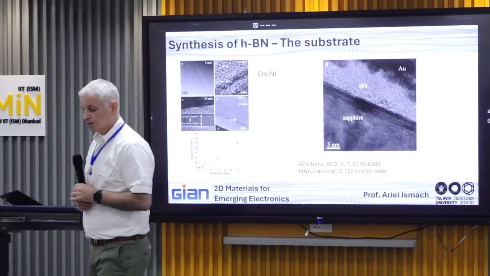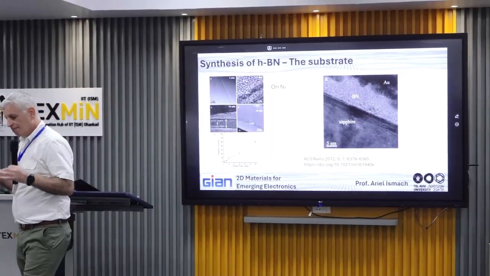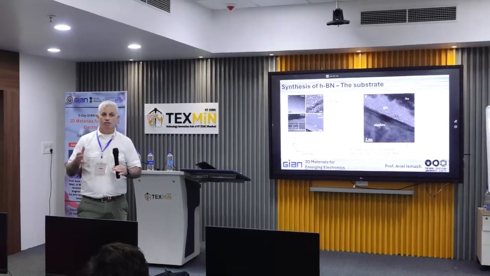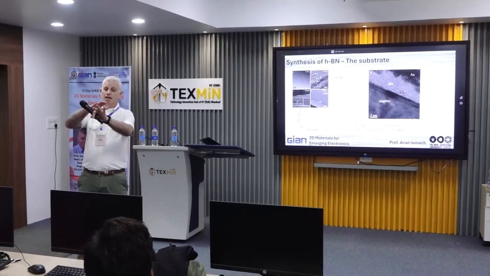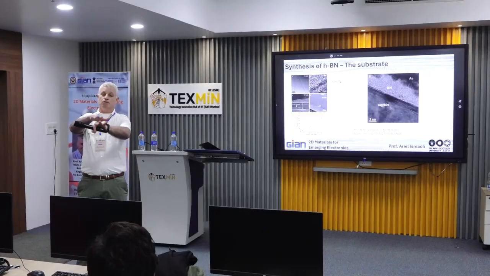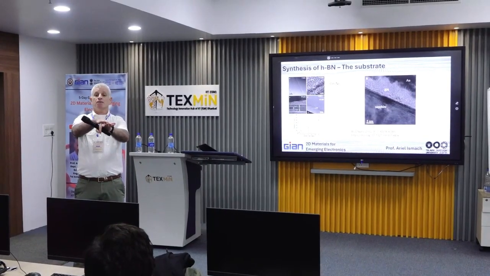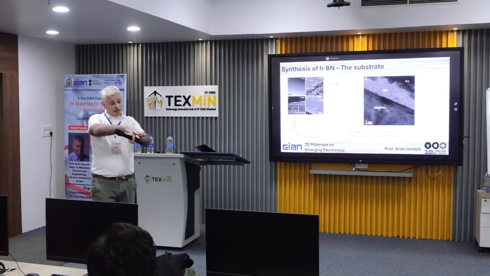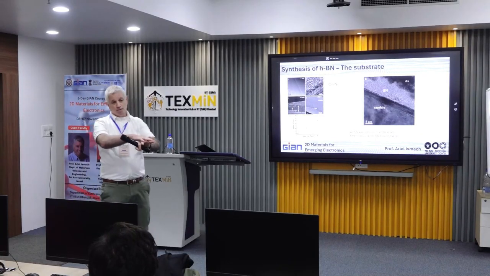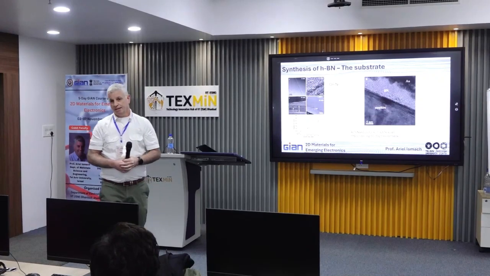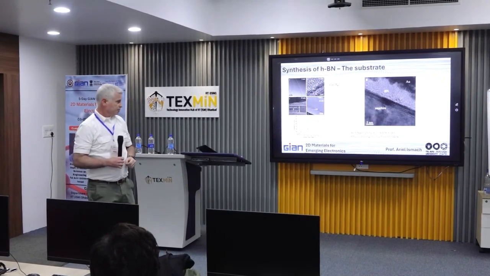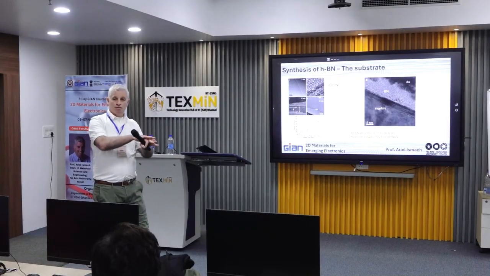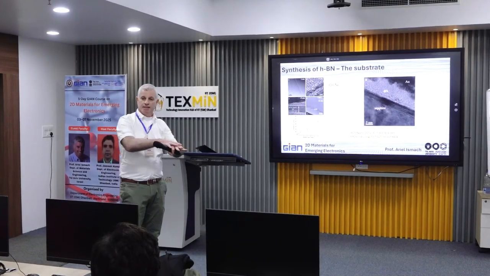Turbostratic has a broad definition. If you take two layers of graphene and rotate between them, starting from an AB-stacking bilayer graphene, you get a turbostratic bilayer graphene. So turbostraticity refers to any disorder that you have between the layers.